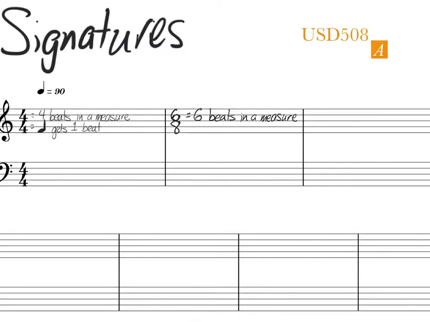And the bottom number, like we did below, we make it into a fraction, 1/8. The 8th note, which is a note with 1 flag on it, gets 1 beat.